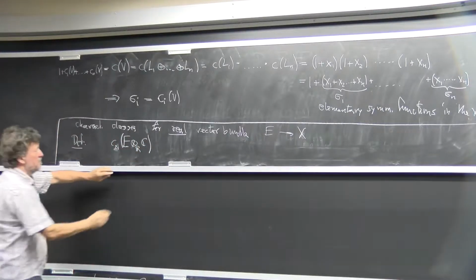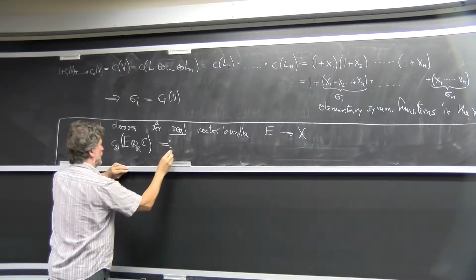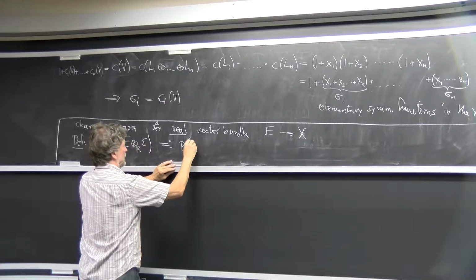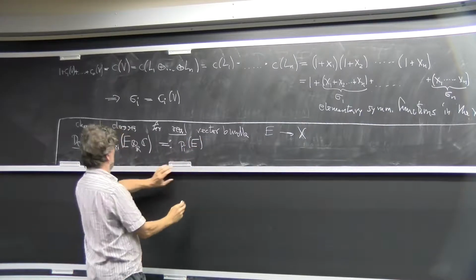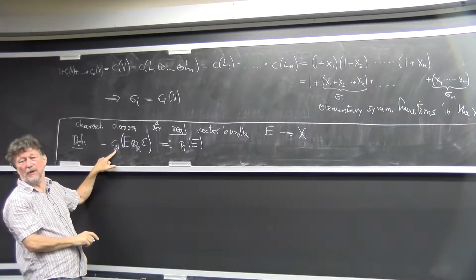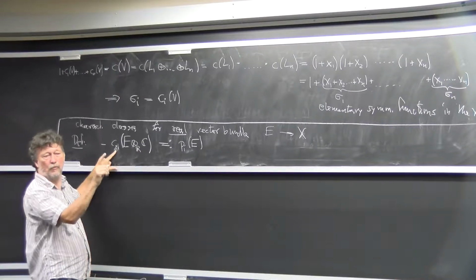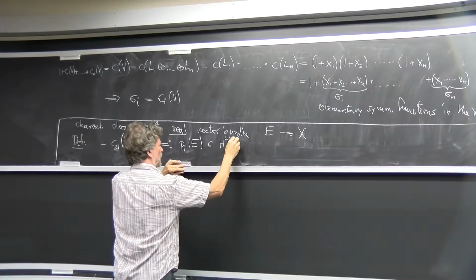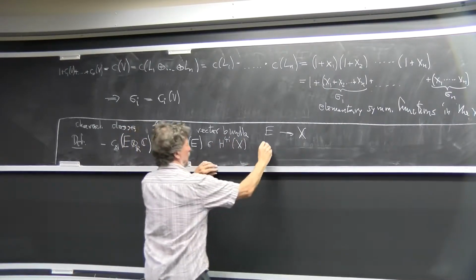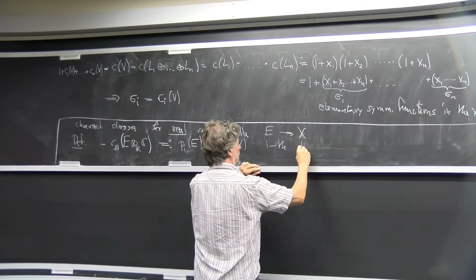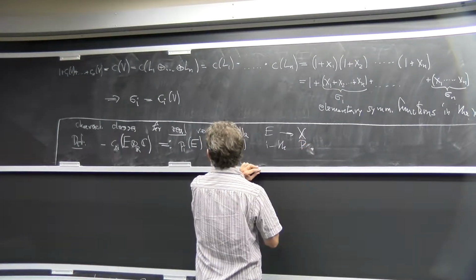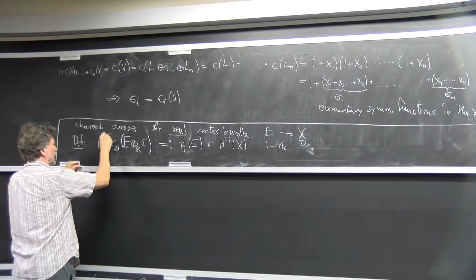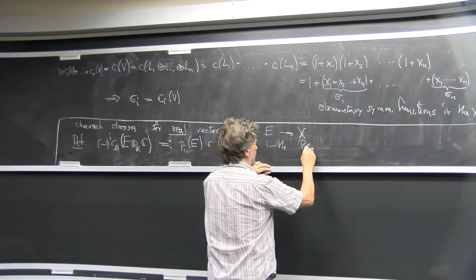And this is a new class, which with a minus sign is called the ith Pontryagin class of E. That's in the same dimension as the 2ith Chern class, so it lives in dimension 4i. So that's an element in the 4ith cohomology of X. Oh yeah, minus 1 to the i, thank you. The ith Pontryagin class.